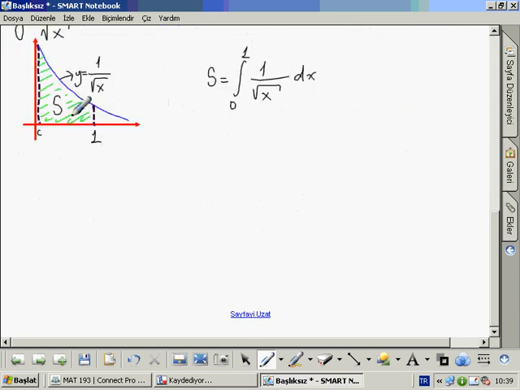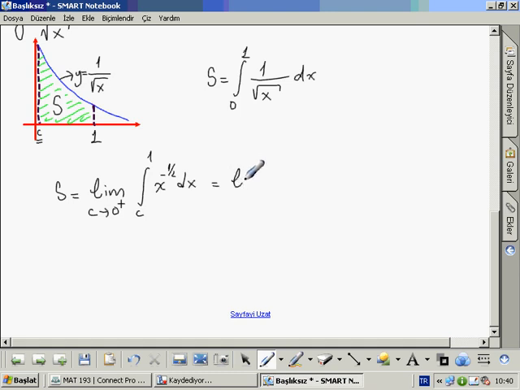So S equals the limit as c approaches 0 from the right-hand side of the integral from c to 1 of x to the power of minus 1 over 2 dx.